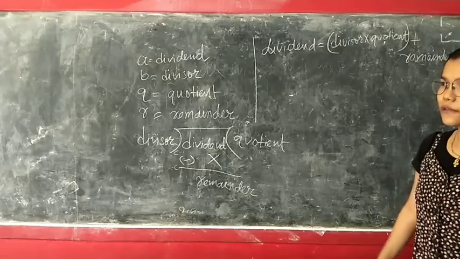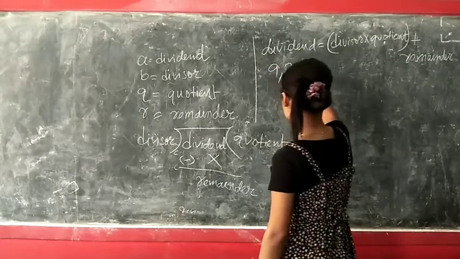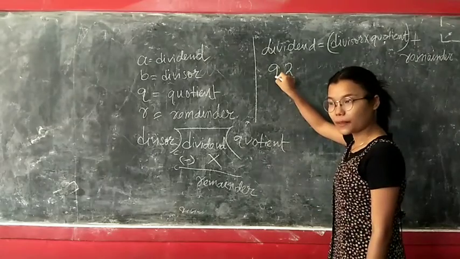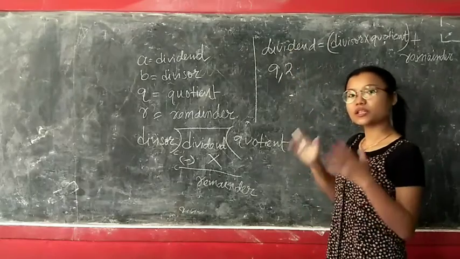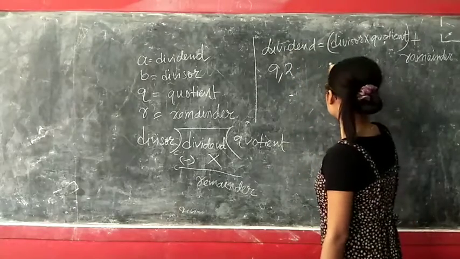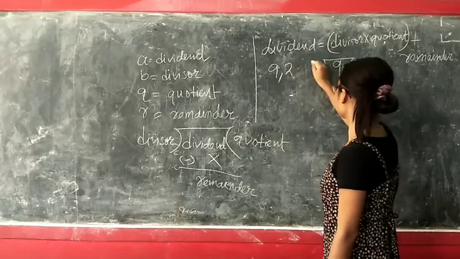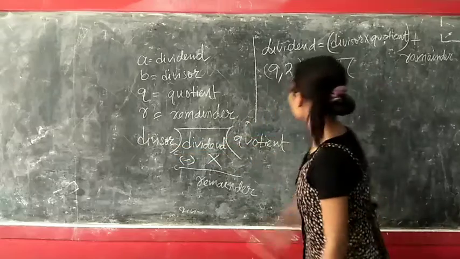Let's take two positive numbers, say for example 9 and 2. Now 9 is the bigger number, therefore 9 will be the dividend. The bigger number is always the dividend. So 9 should be divided by 2, and the number which is outside is the divisor.